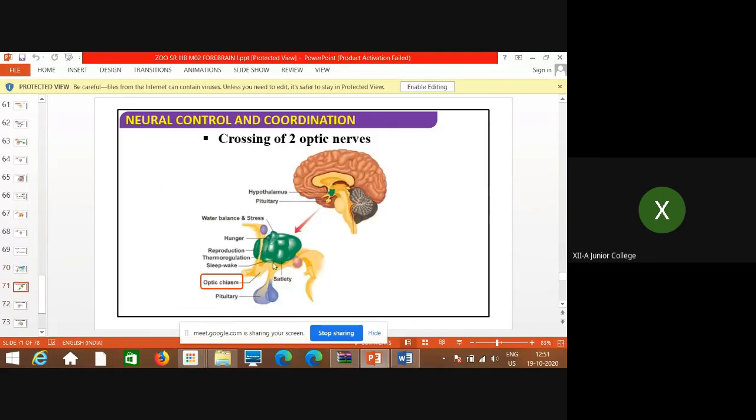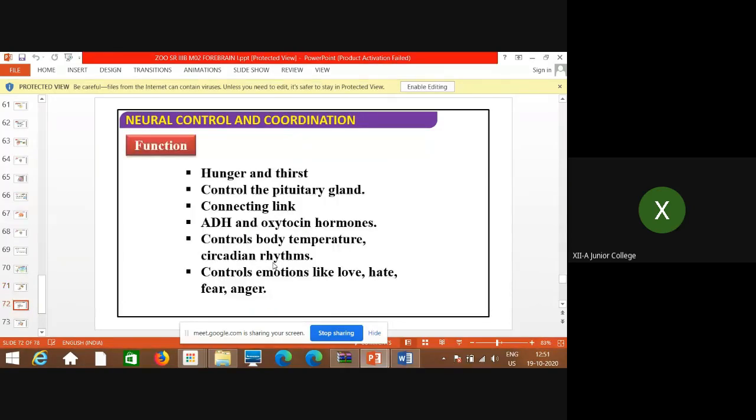It also has this part, the optic chiasma, where two optic nerves cross. And remember the functions of the hypothalamus related to hunger and thirst. It senses, and then it controls the pituitary gland. All these different types of glands are present.